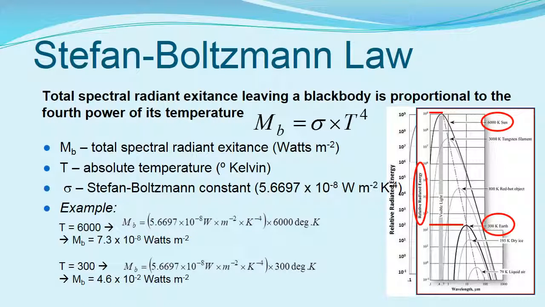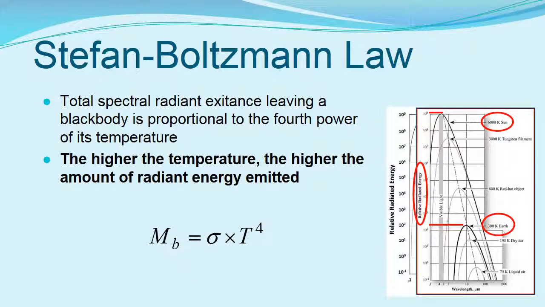Using this equation, we can see mathematically that the energy of our 6,000 degree Kelvin Sun far exceeds the energy emitted by our 300 degree Kelvin Earth. Energy is described in watts per square meter. So we can see the scientific basis of the obvious fact that hotter objects emit greater amounts of energy, very useful if we want to design sensors to detect and measure thermal radiation.